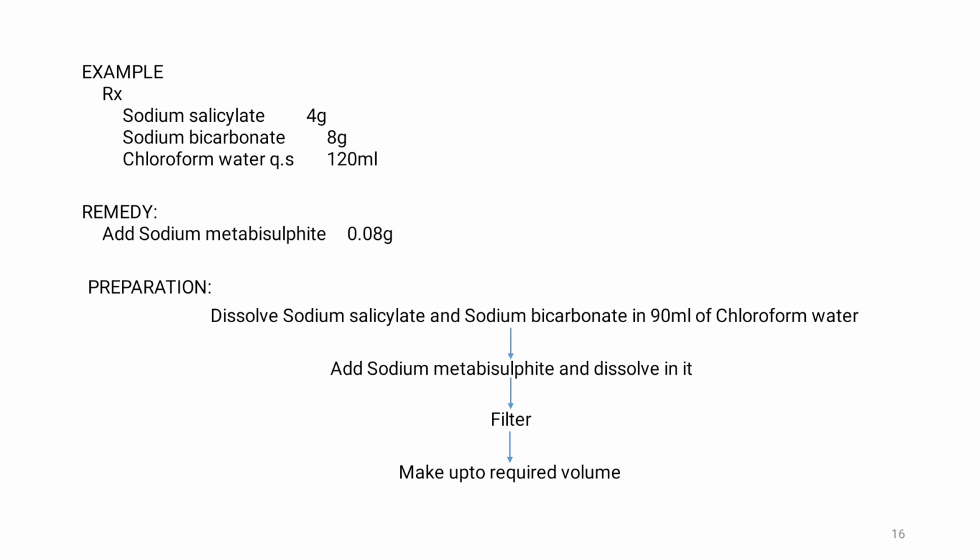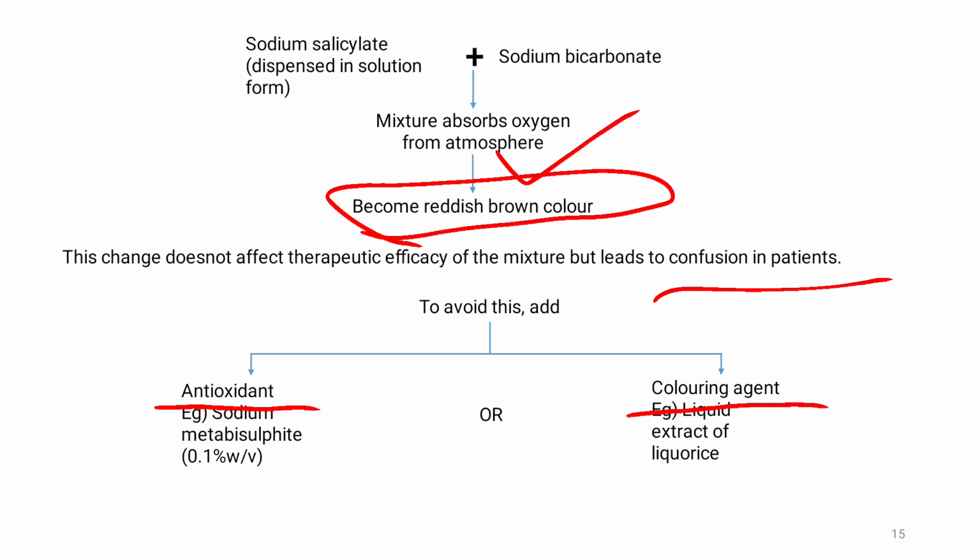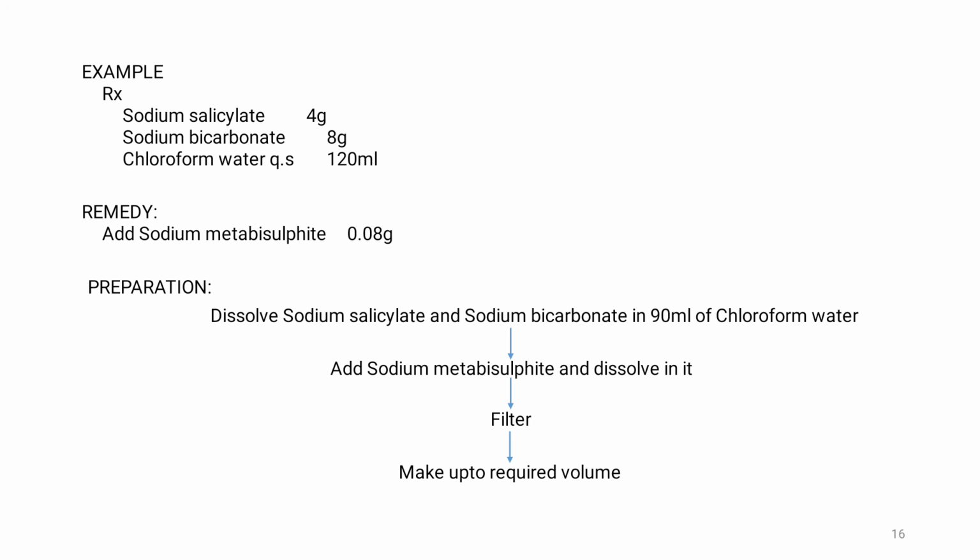Here the problem is that the sodium salicylate and sodium bicarbonate absorb oxygen from the atmosphere and become reddish brown in color. The remedy for this problem is that we can add sodium metabisulfite 0.08 gram.